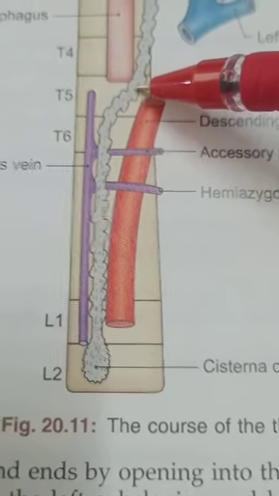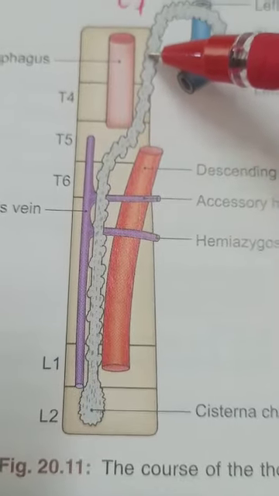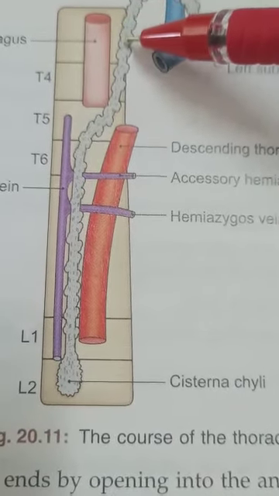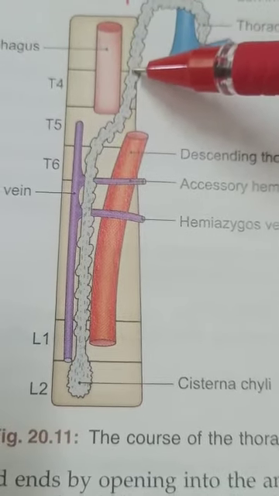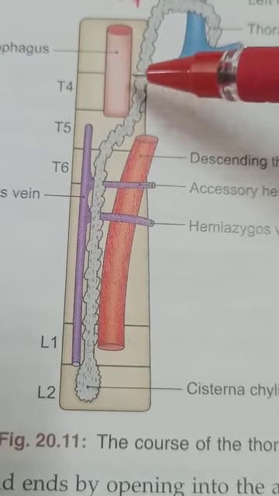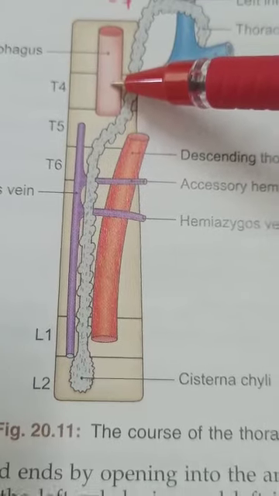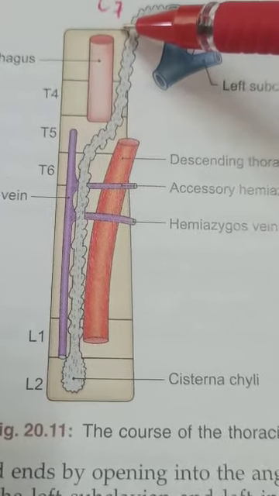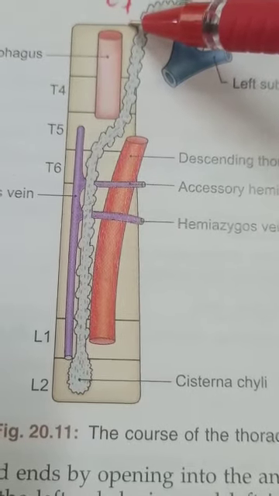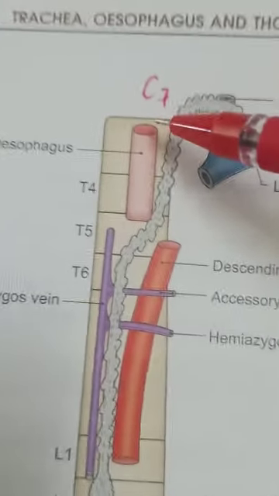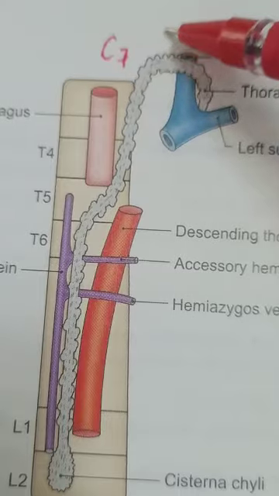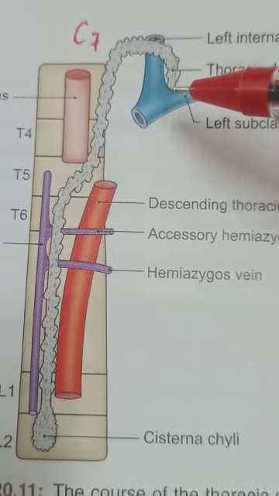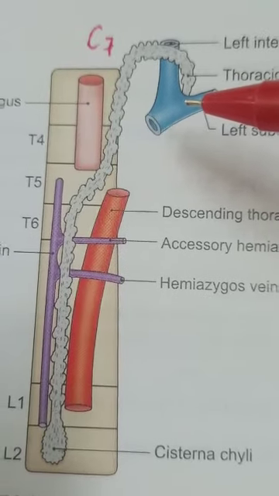Then it passes through the superior mediastinum and reaches the neck region, passing along the left edge of the esophagus. At the level of the seventh cervical vertebra, C7, it arches laterally and crosses the first part of the subclavian artery.